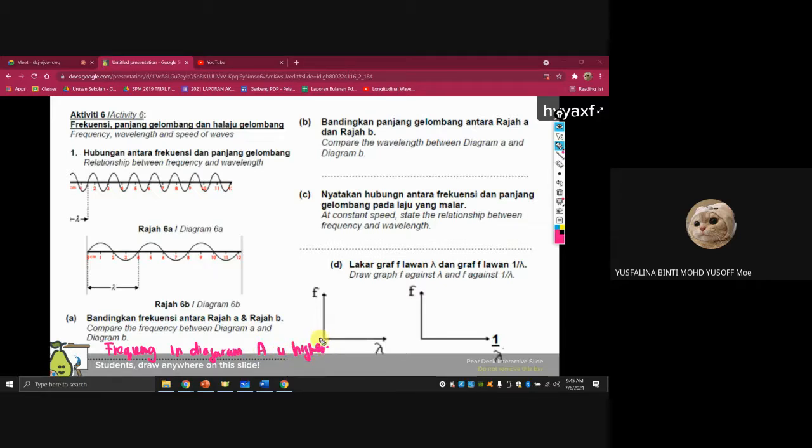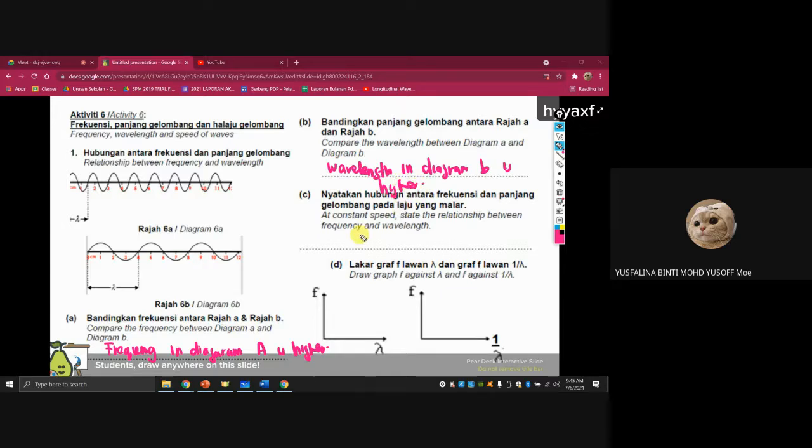So which one has the longer wavelength? 6B, right? Wavelength in diagram 6B, B is higher. So what is the relationship?